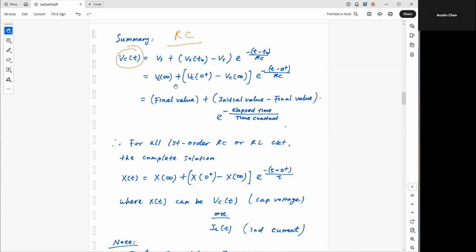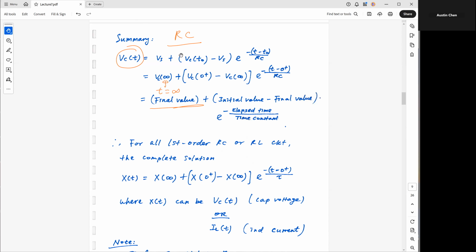Another way of expressing this VC of t is to look at VC at infinity. When t is equal to infinity, this corresponds to the final value.